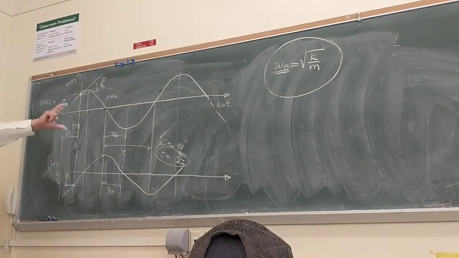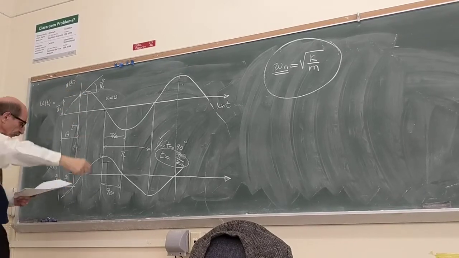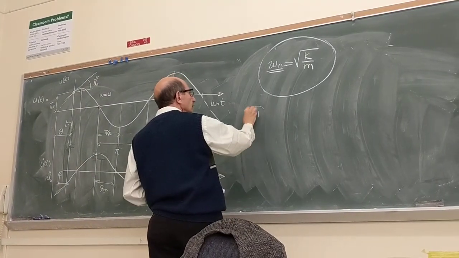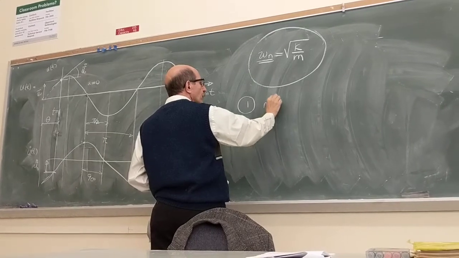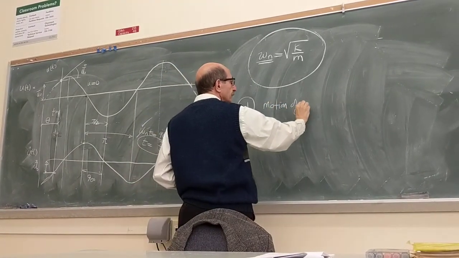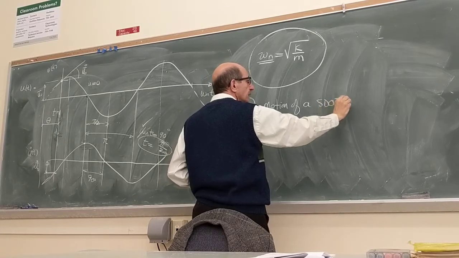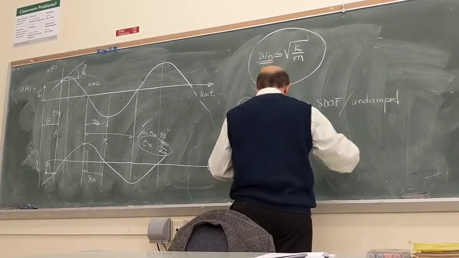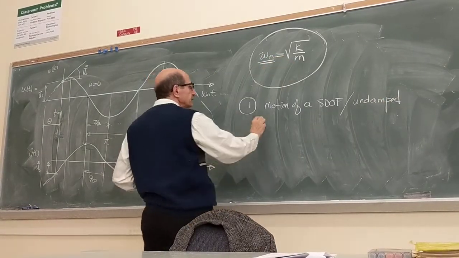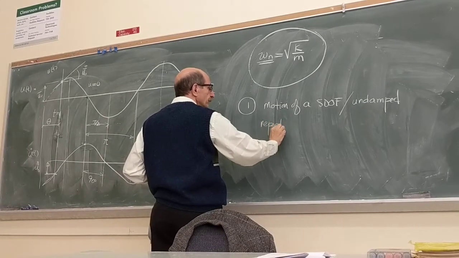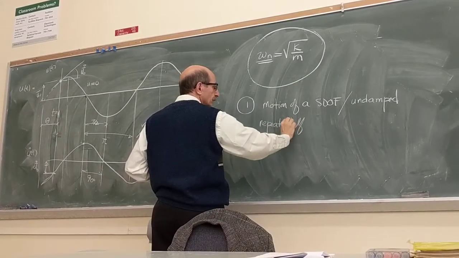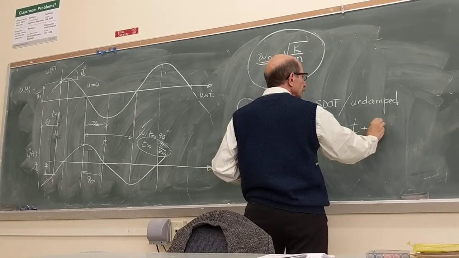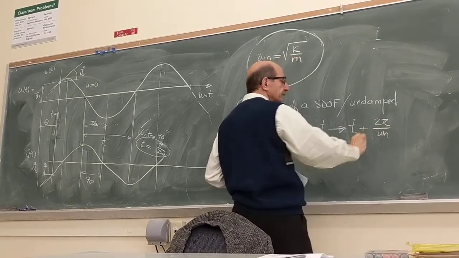So let me just summarize what we have done so far, by emphasizing that. First of all, we said that the motion or the response of a single degree of freedom undamped system is basically harmonic. That means it repeats itself, okay, cyclically, right, at any time t plus 2 pi over omega n.